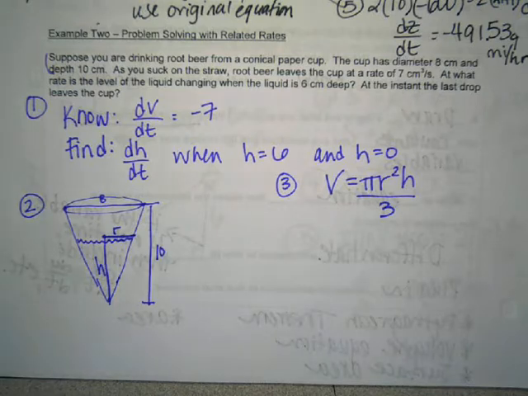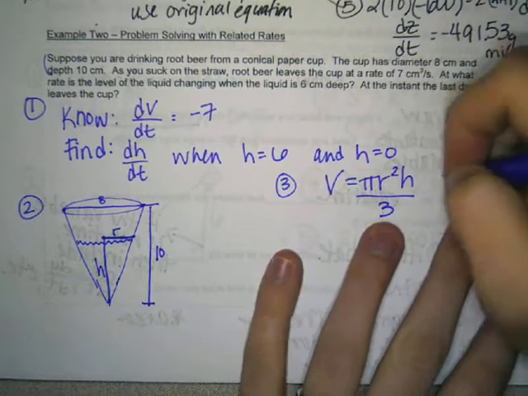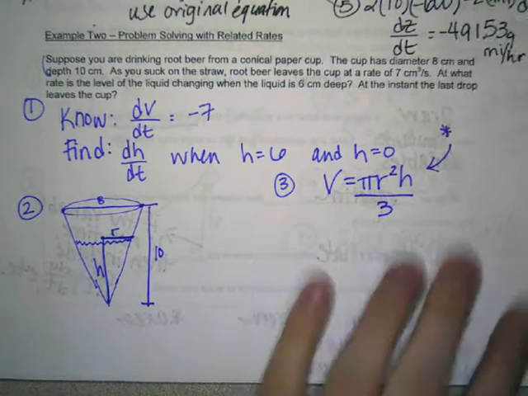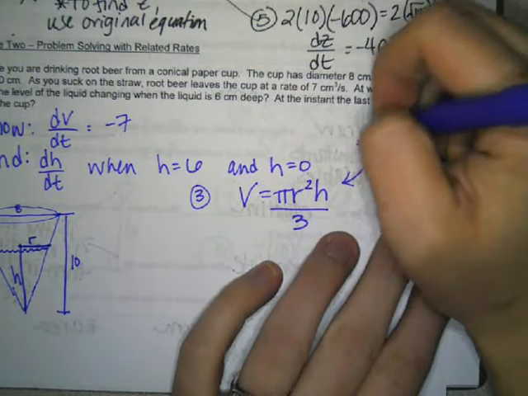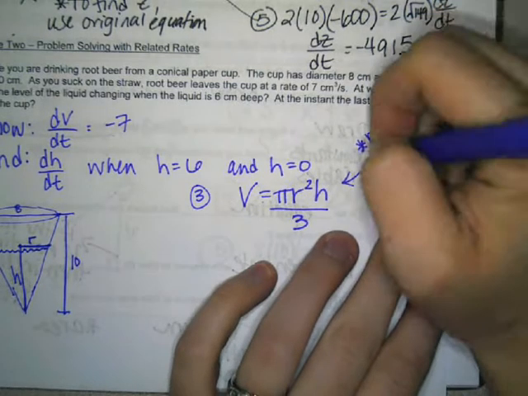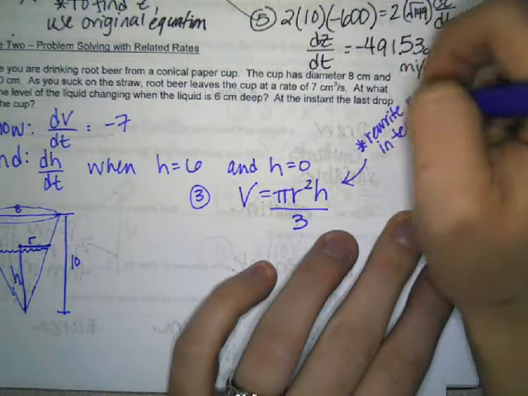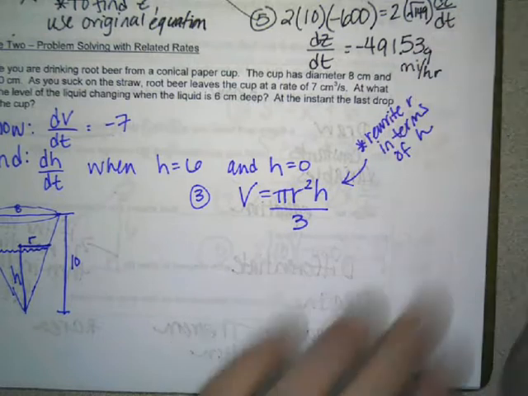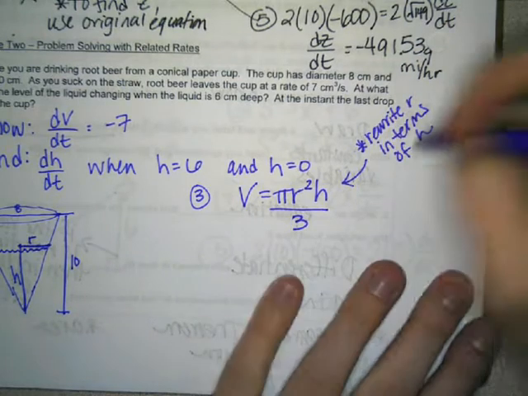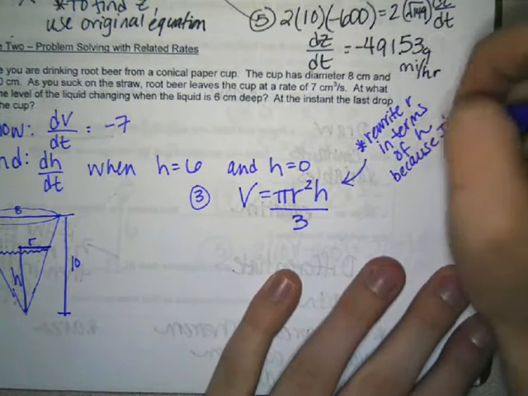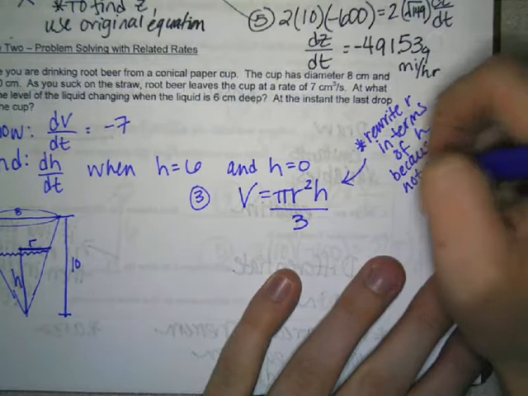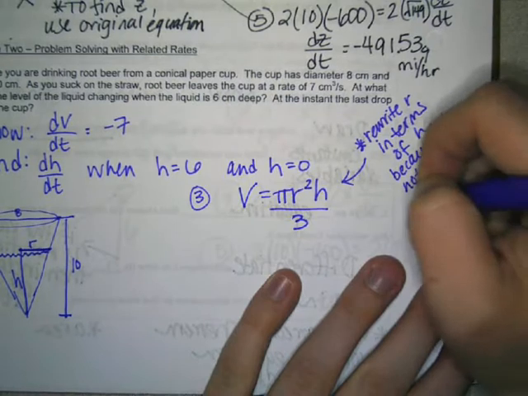picture here to rewrite. So, write yourself a little note so when you're looking back at this later, you remember why you do this. We have to rewrite R in terms of H because I'm not given a dr over dt.